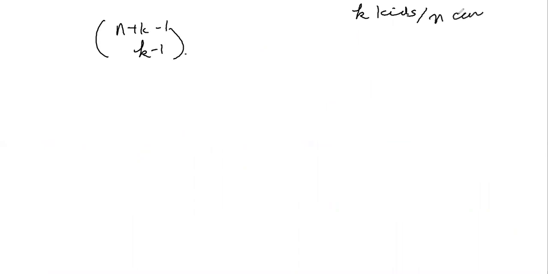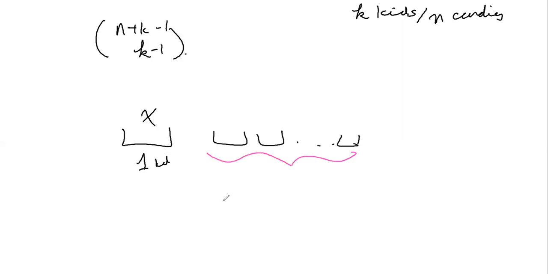We said if we choose to give x candies to one kid, then the rest of the question is just distributing n minus x candies to k minus 1 kids, right?